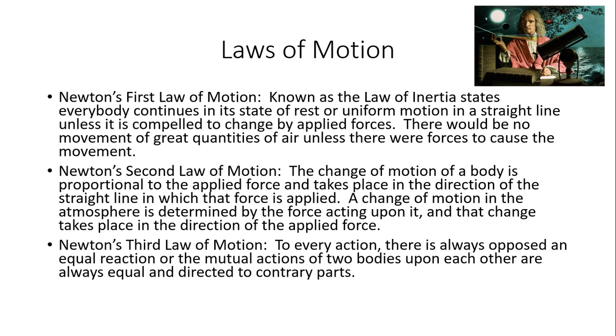So overall, with Newton's first law of motion and law of inertia, there would be no movement of great quantities of air unless there were forces that caused the movement. So again, getting back to our weather example, air tends to move from higher toward lower pressure. That's something known as a pressure gradient, or change of pressure over distance between two pressure systems. And so Newton's first law of motion applies as far as moving that great quantity of air.